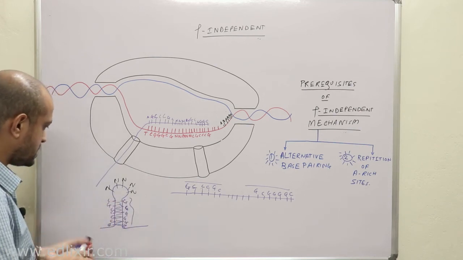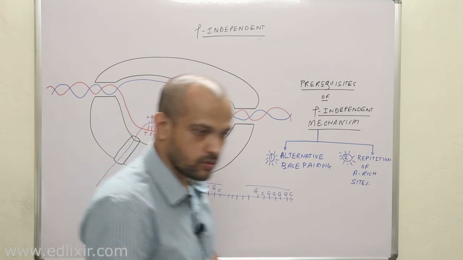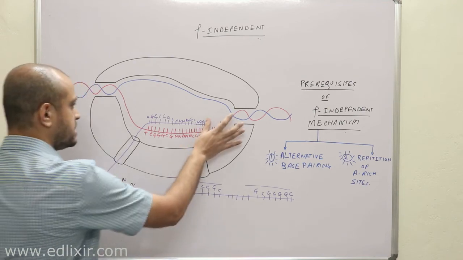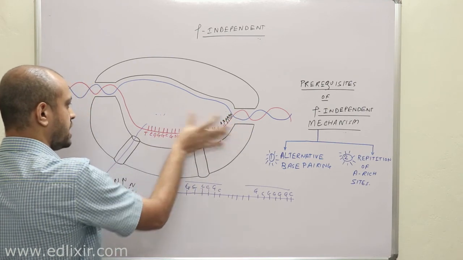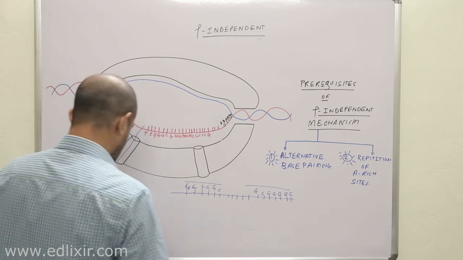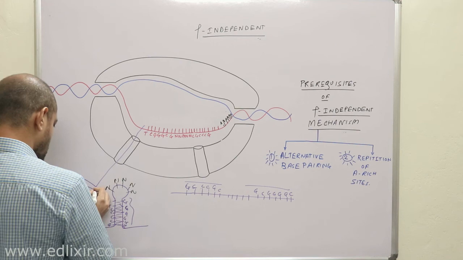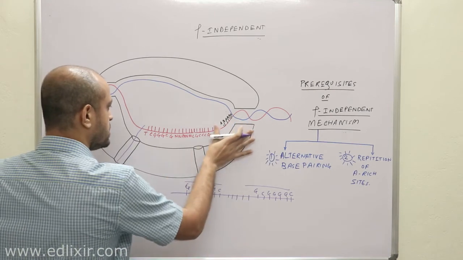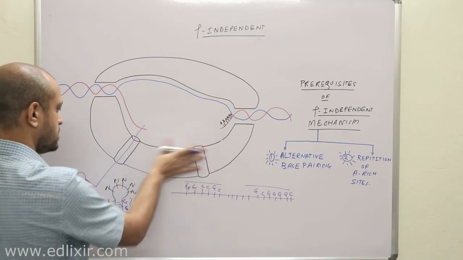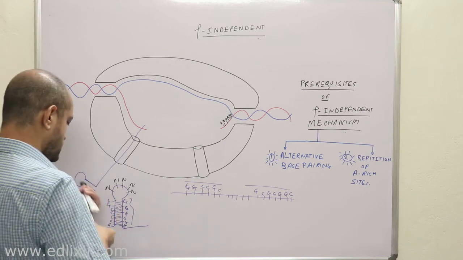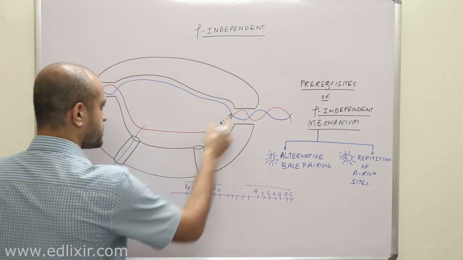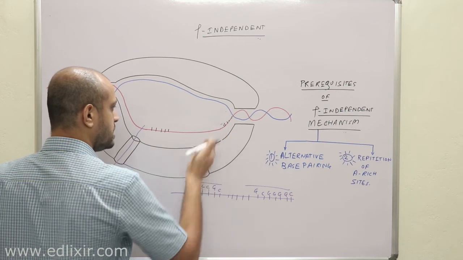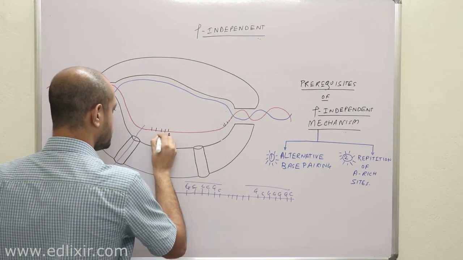Clear? But when this stem-loop or hairpin-loop-like structure forms, an important point you need to understand is that these A's have actually now come here, right?